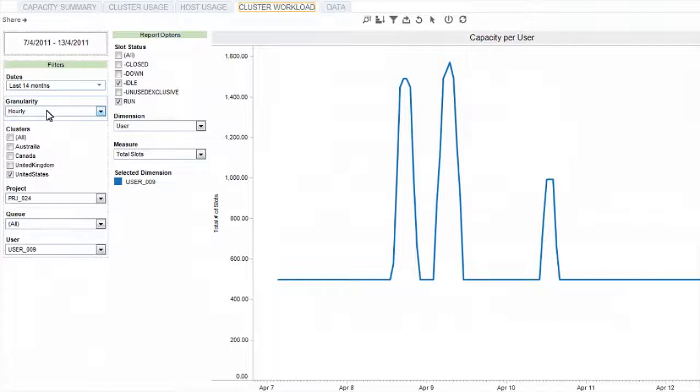I can look at resource use at different levels of time granularity. I'm looking at hourly granularity here.